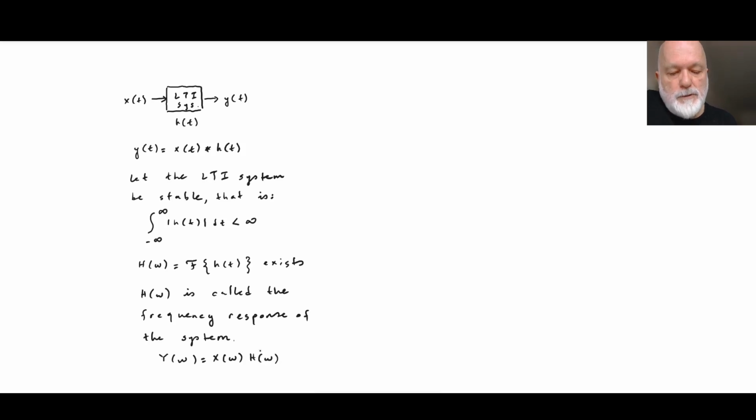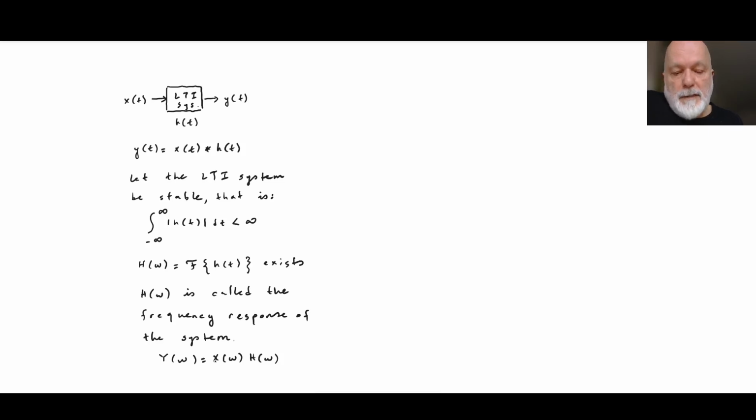Of course, here we assume that the input x of t is also absolutely integrable and its Fourier transform exists. Therefore, Y of omega can be calculated easily as a multiplication of the Fourier transforms of x of t and h of t. So the convolution operation in time domain reduces to multiplication in frequency domain.